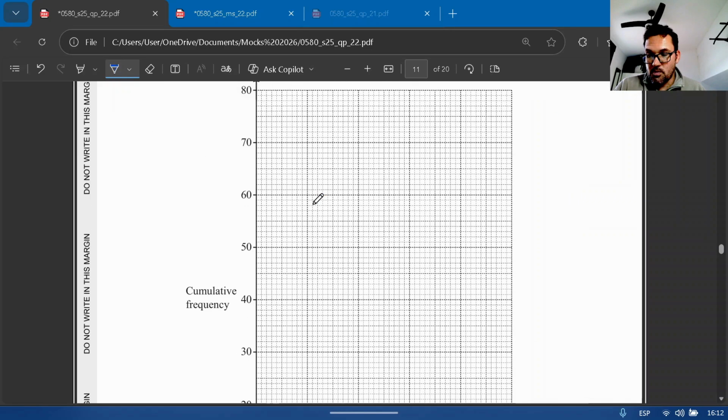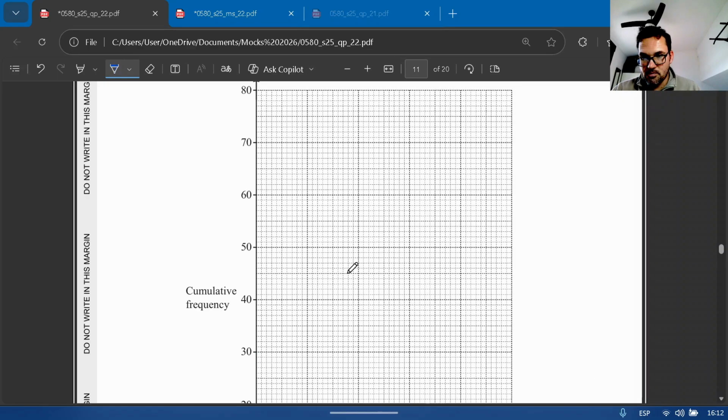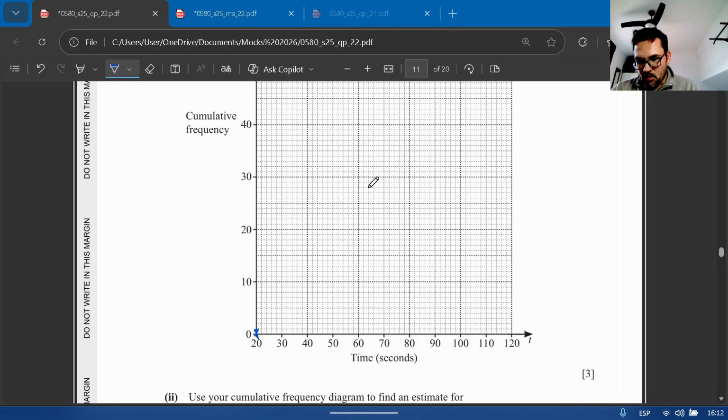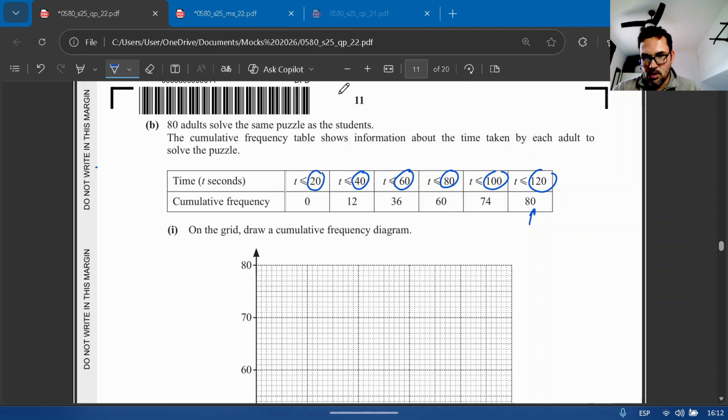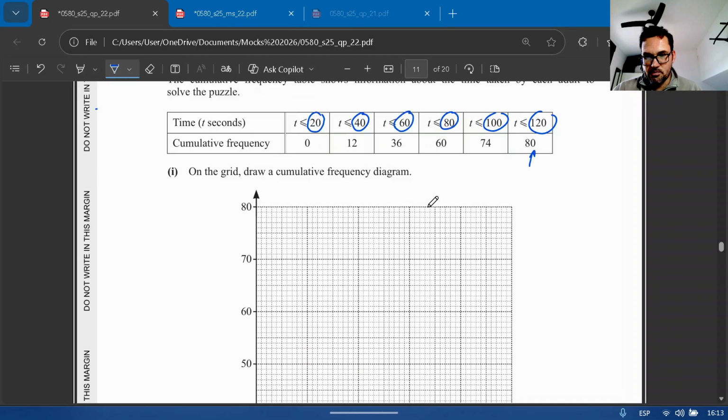First is 0. So cumulative frequency 0, time is 20. And this is where they start the graph. So that would be the first point. Then 12 and 40. 40 is over here. And 12, look, each one square counts one value. There we go. Next, 36 and 60. So 60, this would be 35, 36, there we go.